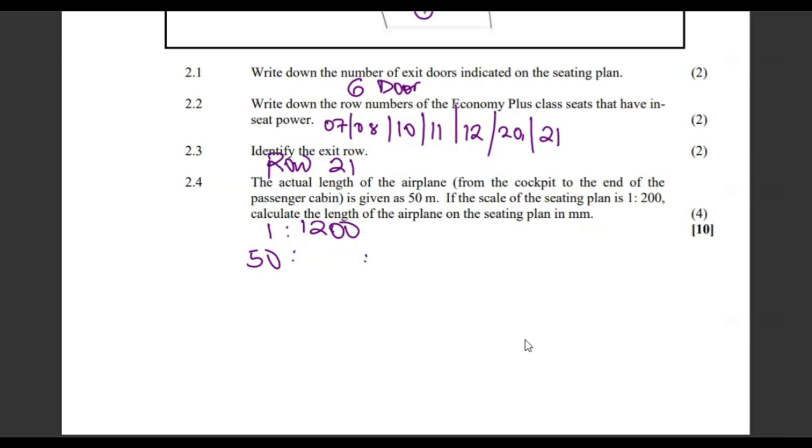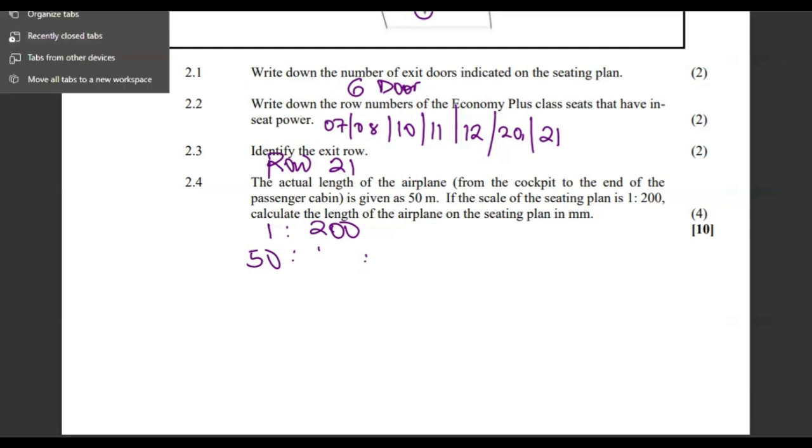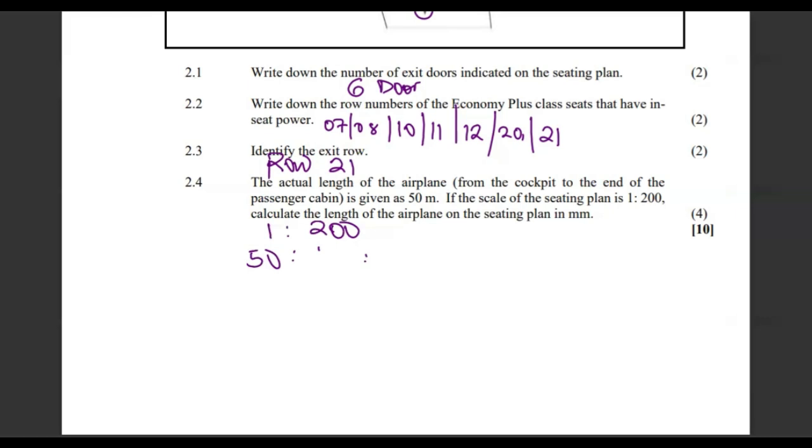So we ask ourselves, if one gives you 200, one gives you 200, so we cross multiply.